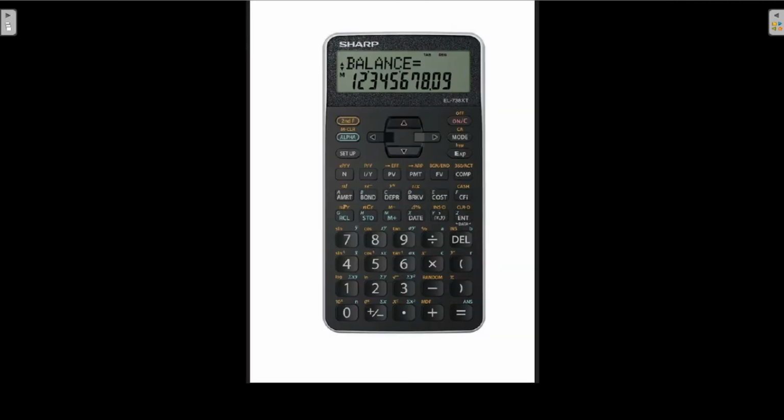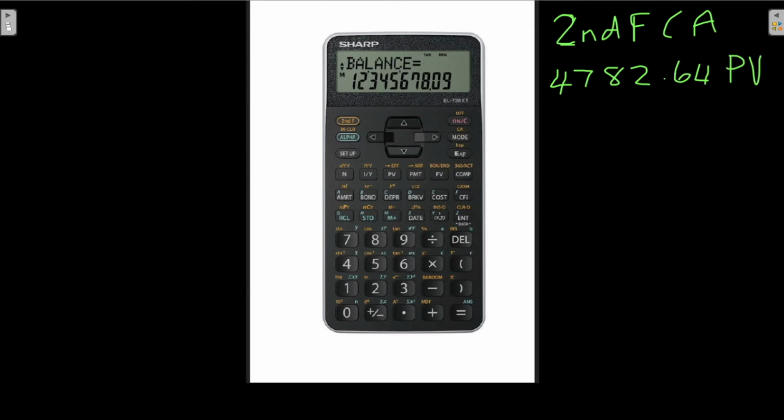If you take out your financial calculator, again you start by clearing any previous calculations. And then you put in all the information that you have for this loan. We know that the loan size is this, and that will be your present value.